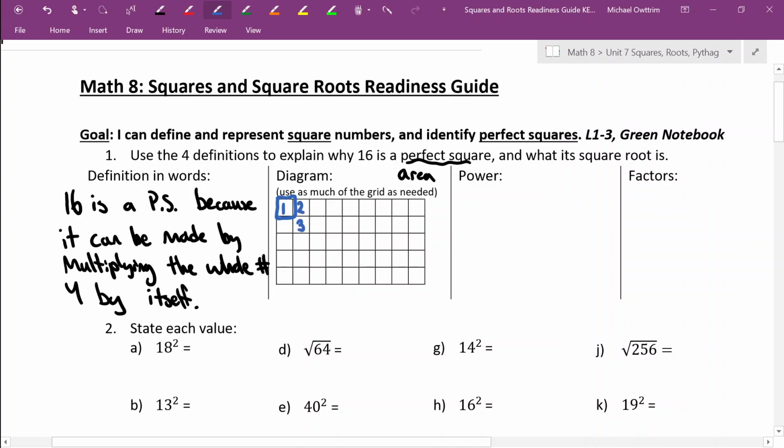If we go out another even layer, that's an area of 4 that's used up. We want to get up to 16, so we'll go to another layer. 5, 6, 7, 8, 9 is the third layer. Still not 16, so we'll go one more layer, and we'll go 10, 11, 12, 13, 14, 15, 16.